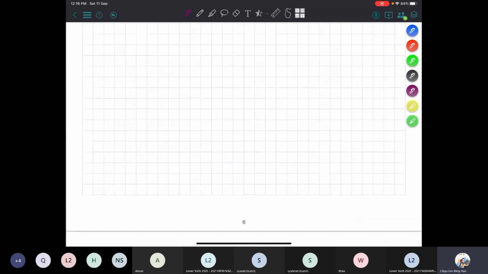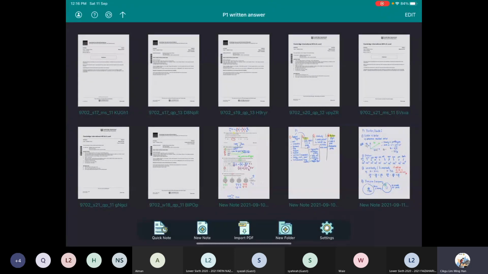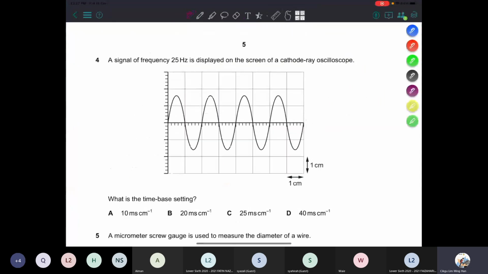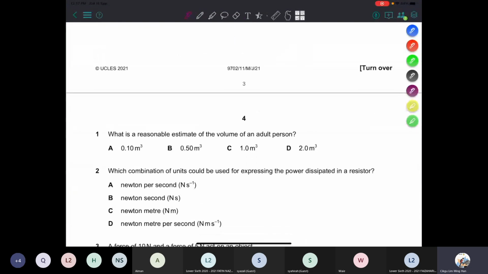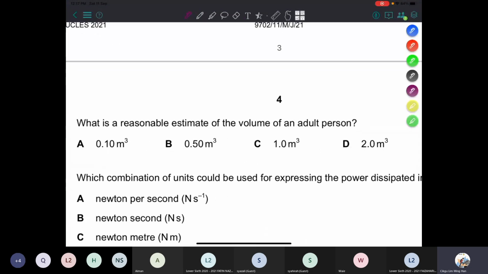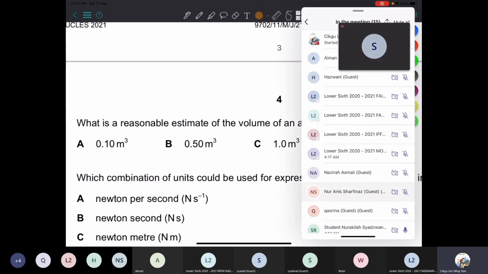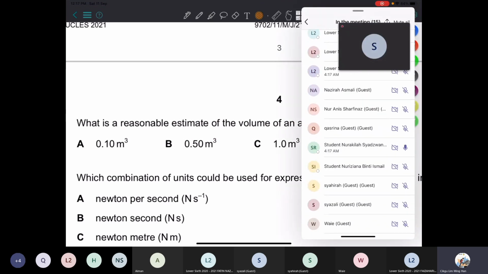You mean the estimation like this? Let me show you. What is the reasonable estimation of a volume of an adult? For questions like this, there is none. Okay, move on, Norizana.